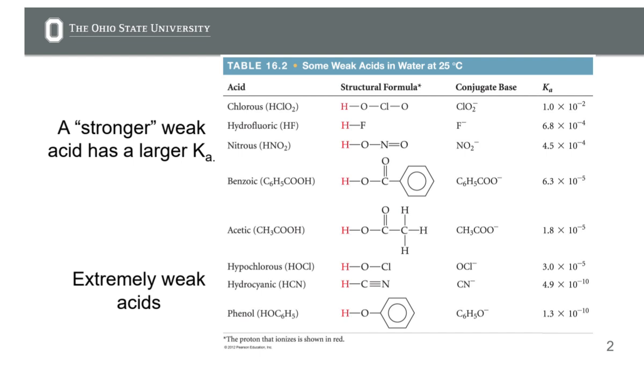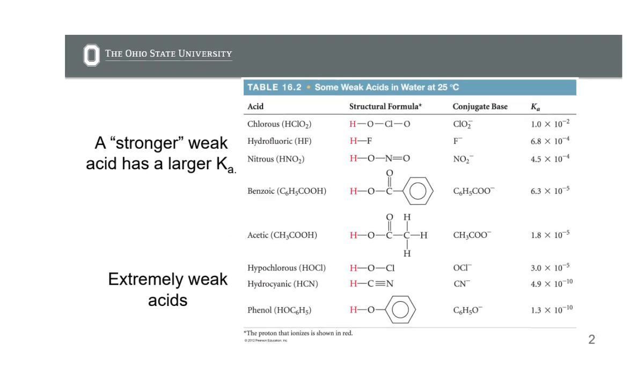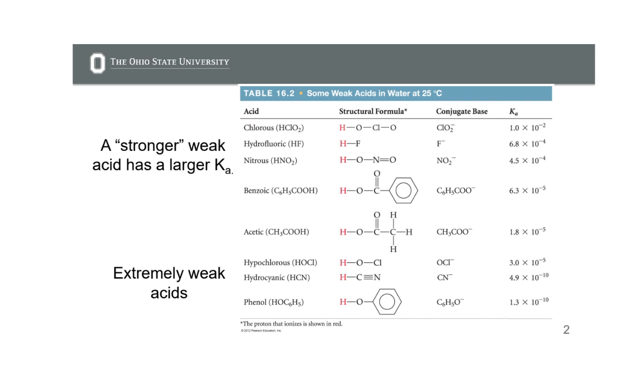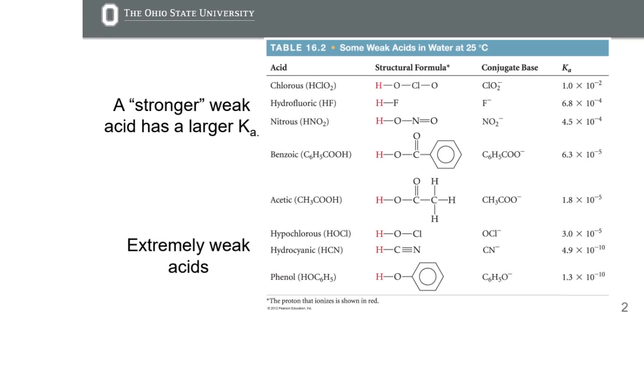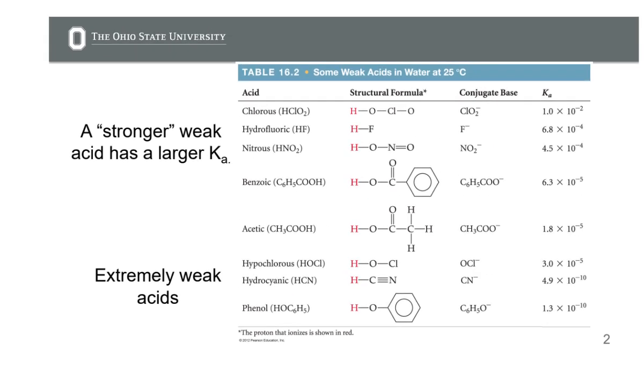So here's another table that's in your textbook that shows a list of weak acids and their Ka values. All right, so here are our acids by name, their formulas. It also shows the conjugate bases, and then different Kas.